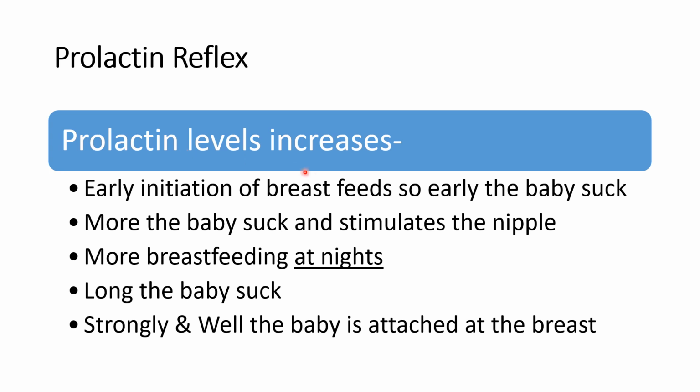Prolactin levels increase with early initiation of breastfeeding. As early as possible, the baby should get the first breastfeed within half to 1 hour of normal delivery, or within 4 hours after LSCS. The more the baby sucks, the more the nipple is stimulated and the more prolactin is secreted.